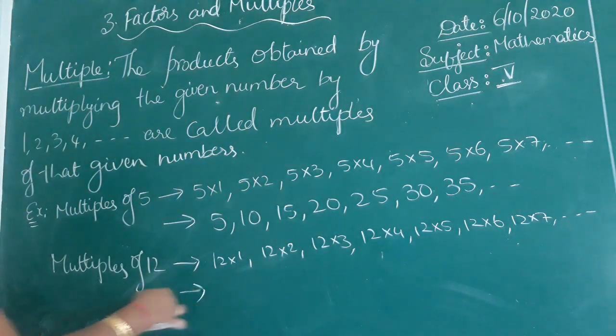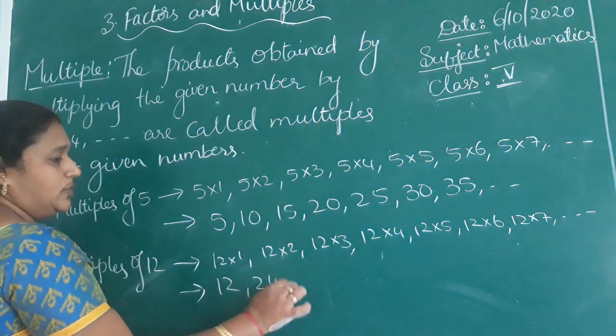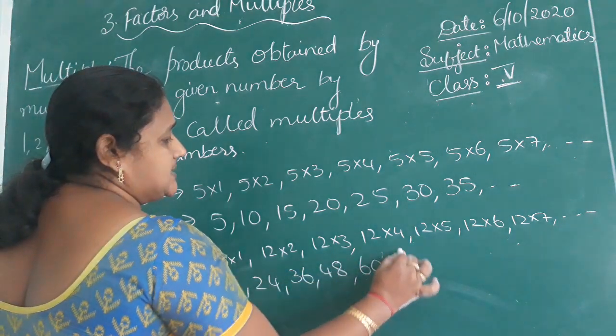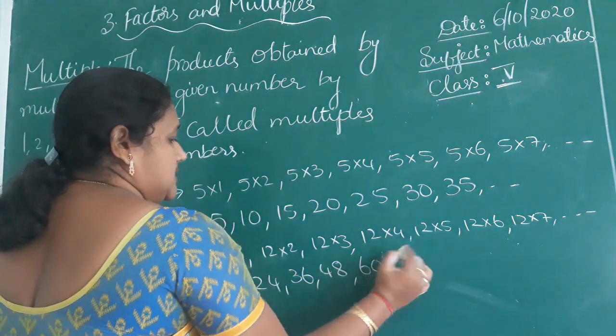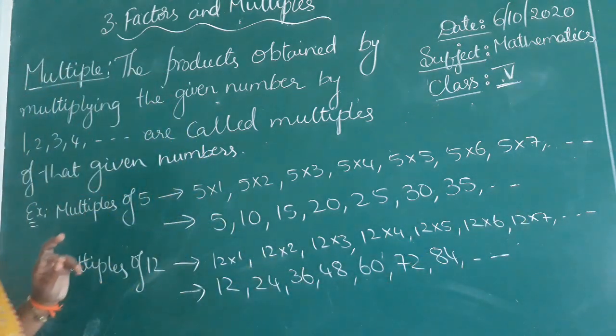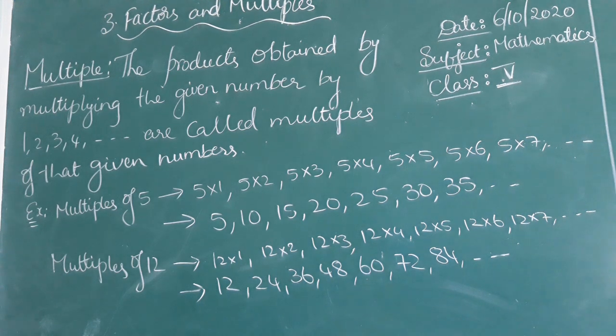What are the multiples of 12? 12 ones 12, 12 twos 24, 12 threes 36, 12 fours 48, 12 fives 60, 12 sixes 72, 12 eights 84, like that you can write. We can write the multiples of that number. Up to how many numbers is possible, we can write those many numbers.